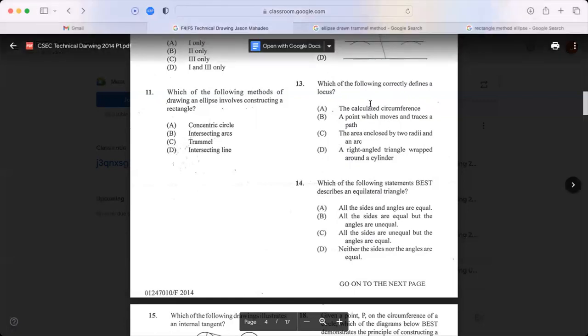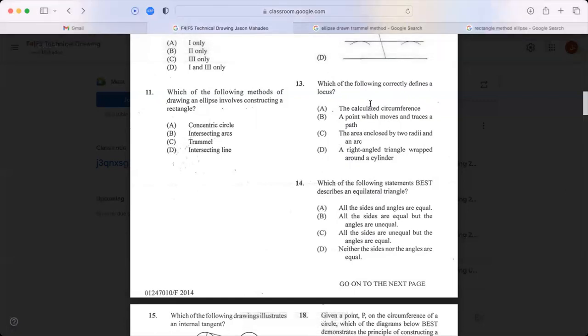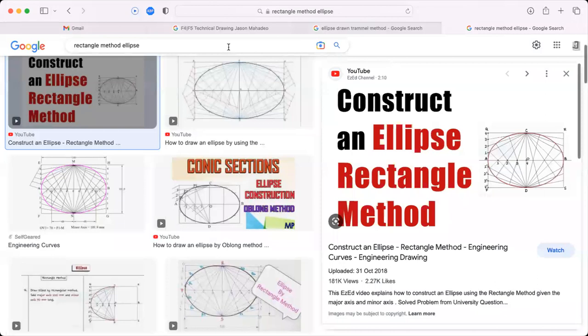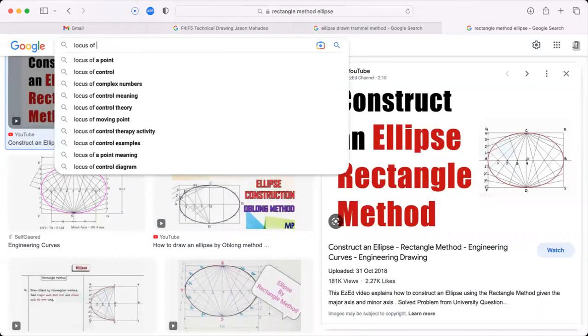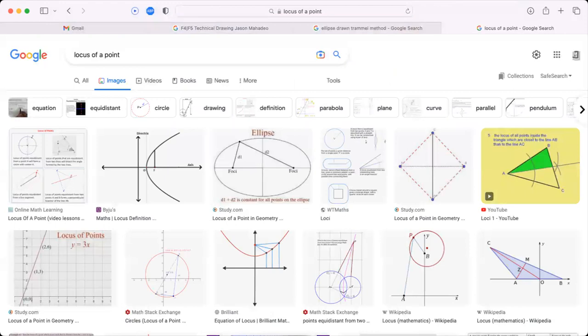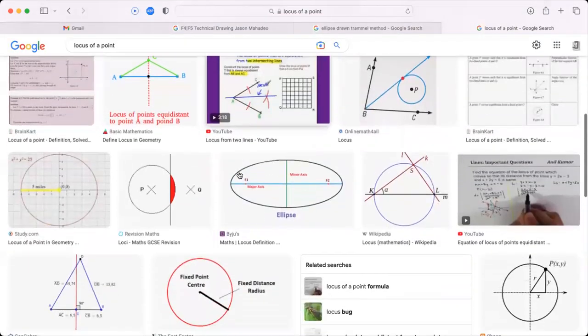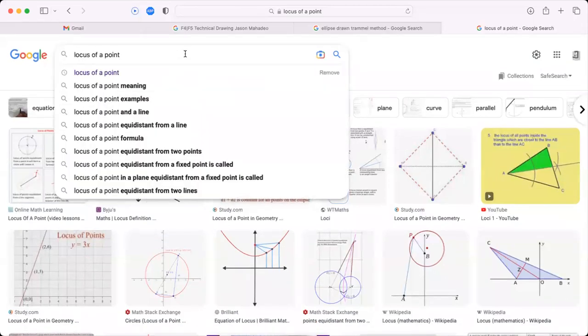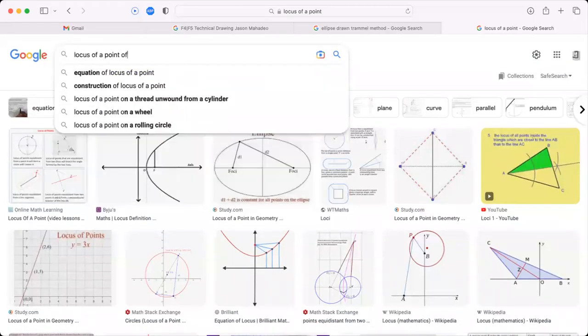So the locus of a point is a point which moves on a circle or on an arc and basically traces the path.